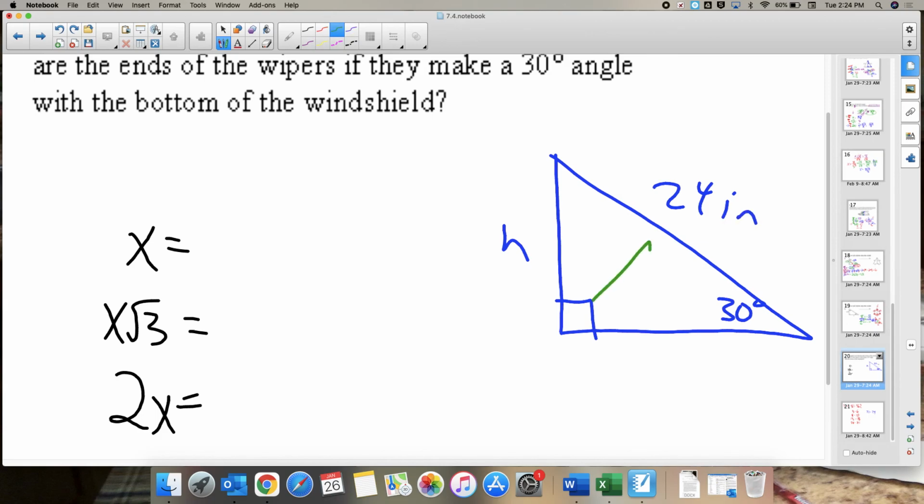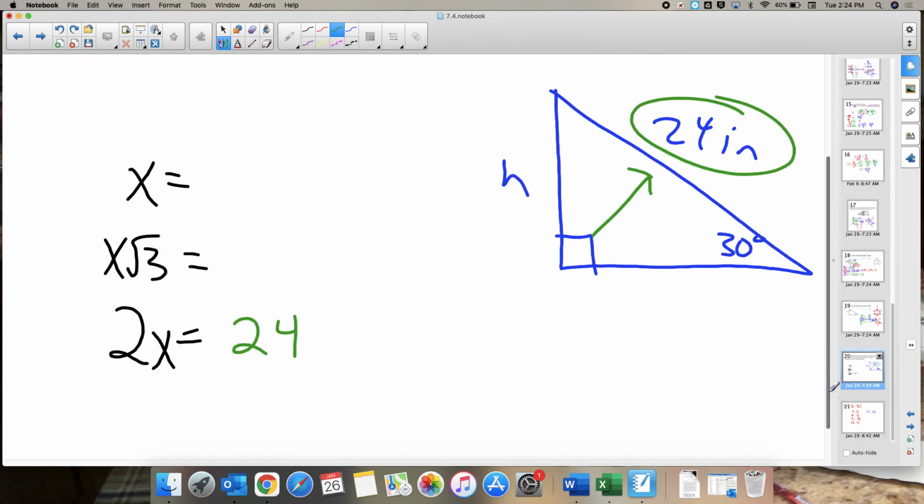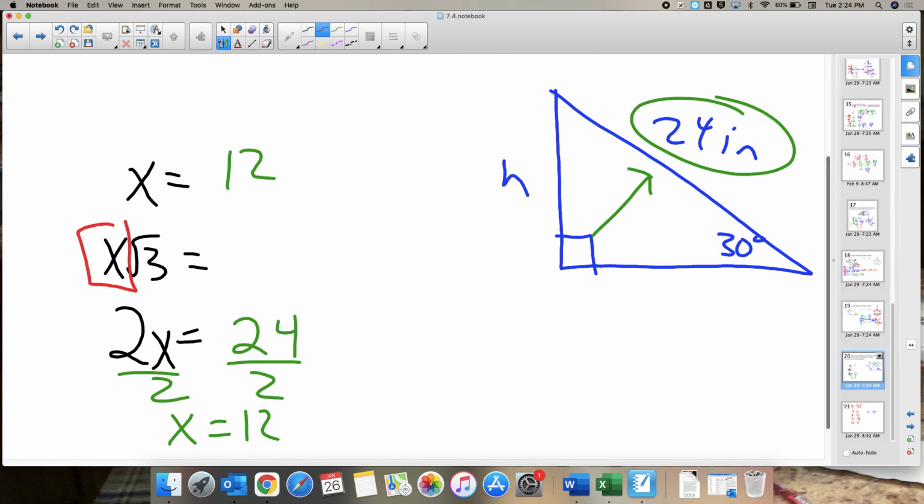We know opposite of 90. We know our 24. So we know our 2x is 24. So once again, if I divide by 2, we get x to equal 12. Which means x square root of 3 will take my x times the square root of 3.